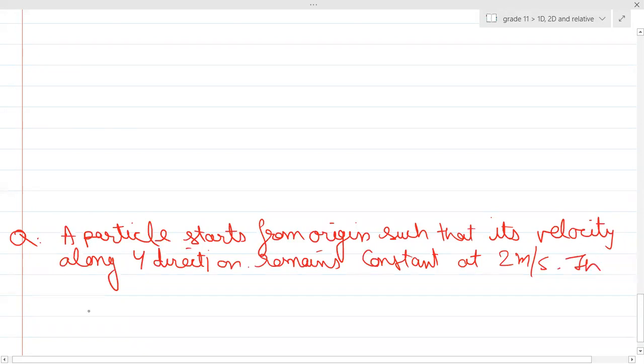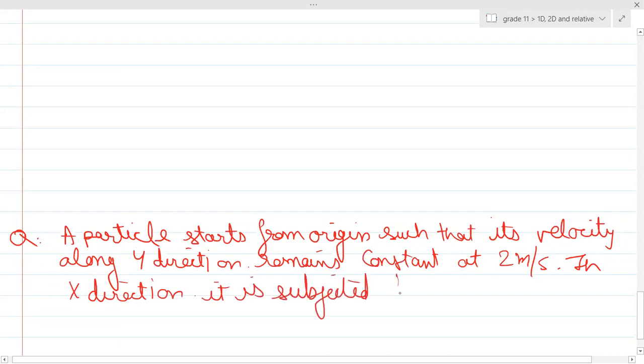In the x direction, it is subjected to a variable acceleration. The acceleration is variable, 3t plus 2 meters per second.